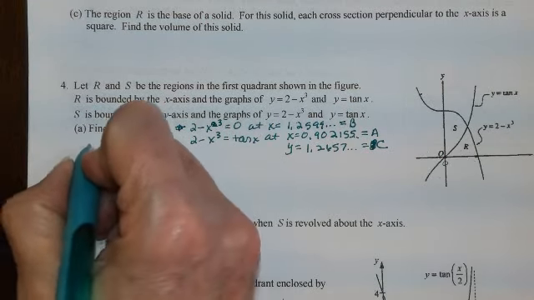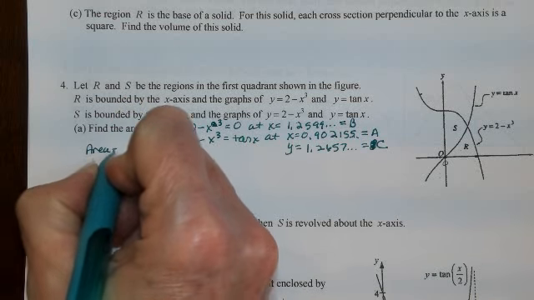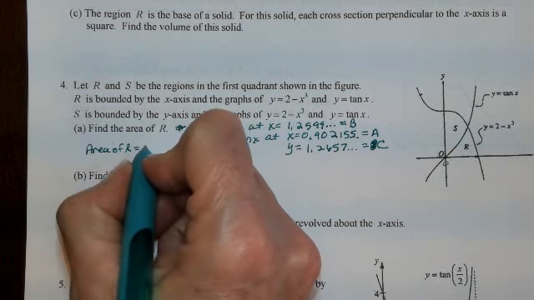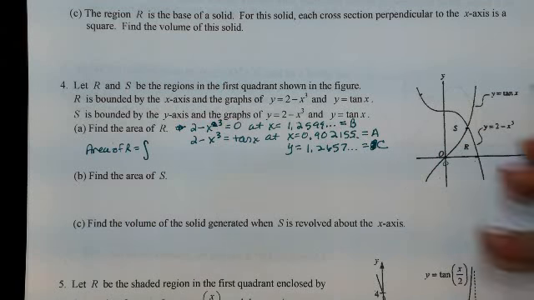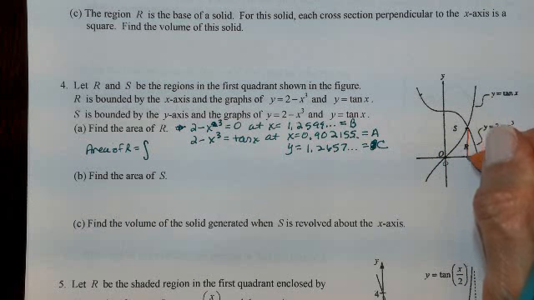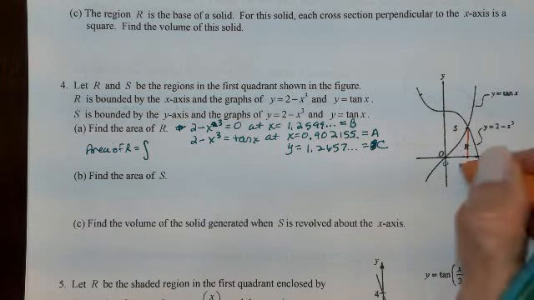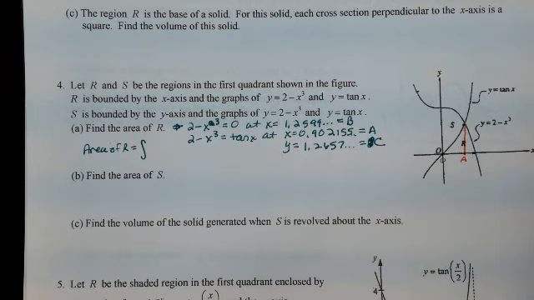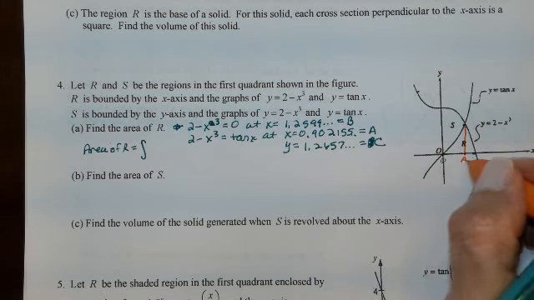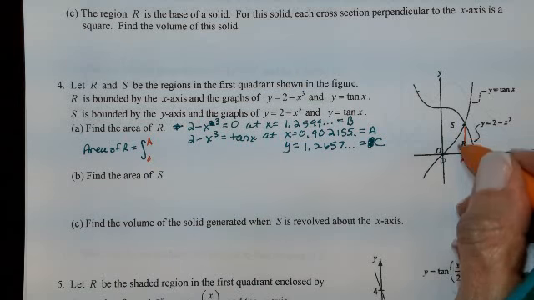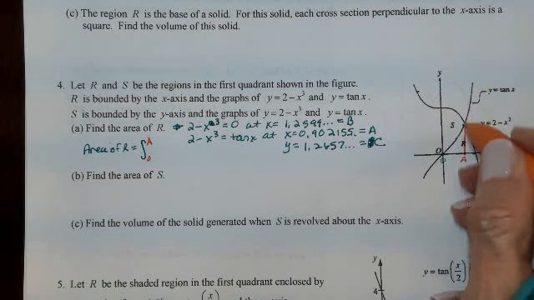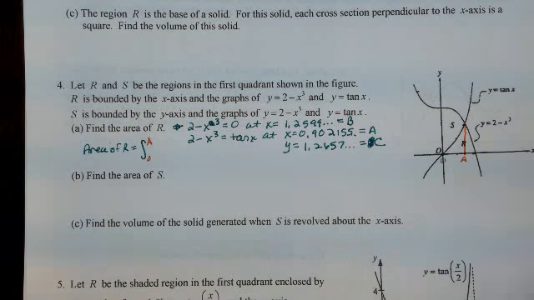So I'm going to do the area. I'm going to say the area of R is, okay, first I'm going to go to this point, and I called that x equals a, right? I'm going to go from 0 to a first. Top minus bottom is my tangent x minus 0.